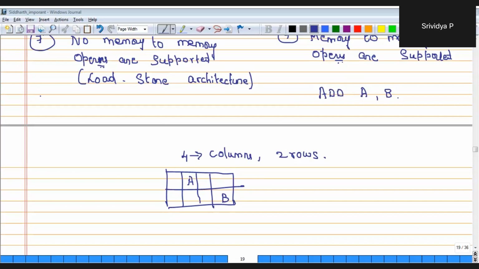Whereas when I want to execute the same thing in RISC, I will have to first load the value of A into some register. Let me call it R0.